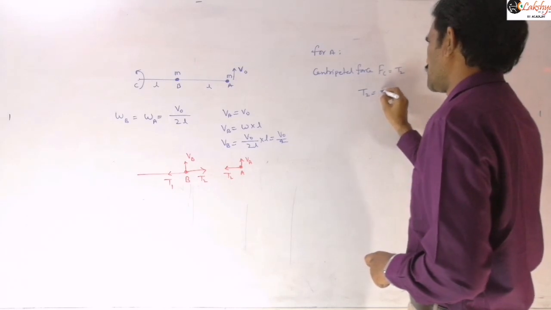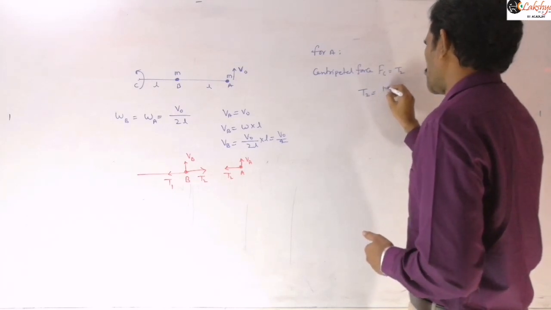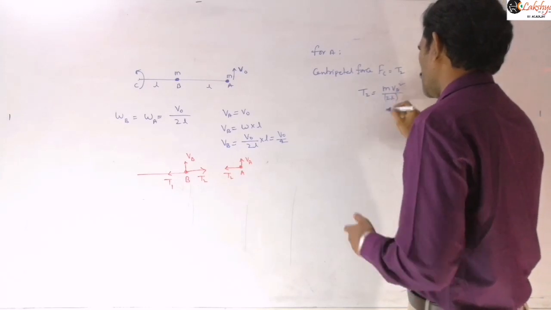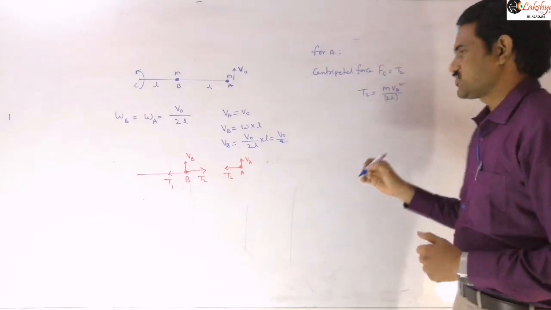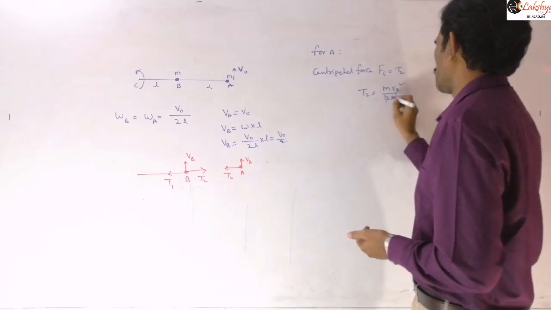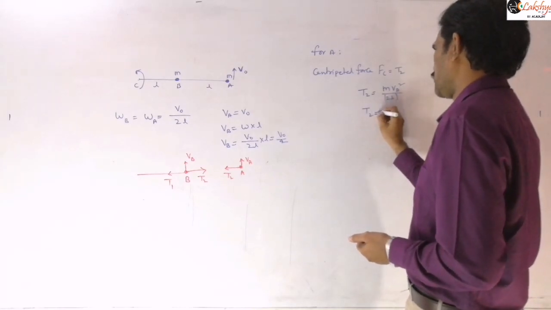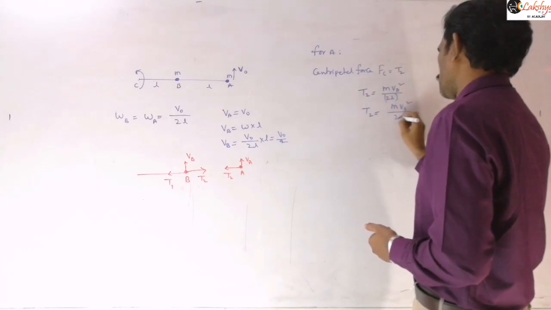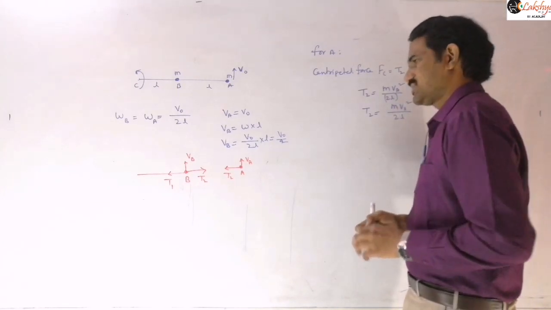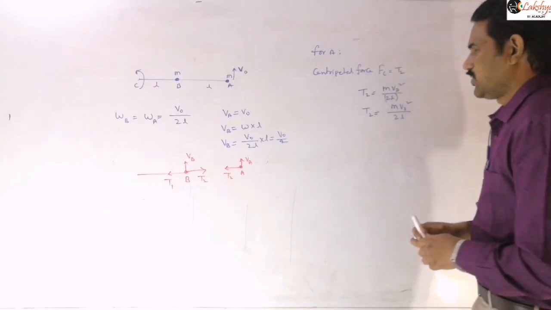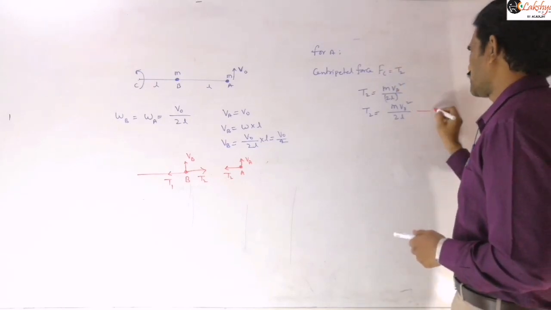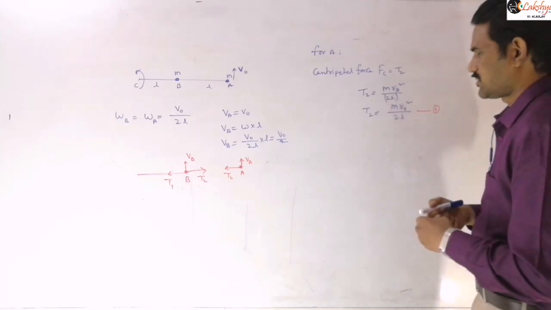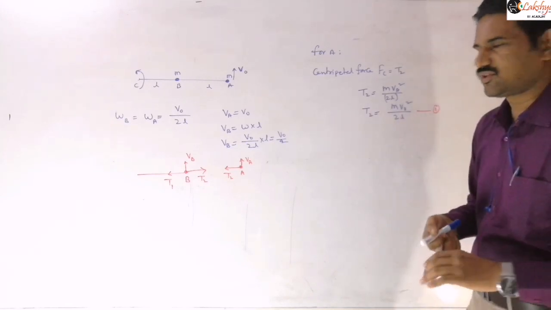Therefore this T2 is equal to, centripetal force means m V square by R. So that R value is 2L here. That V is nothing but V naught, that is given there. So m V naught square by 2L you can write. So let's suppose this is our equation 1, right? Or instead of writing m v square by r, you can also write m r omega square. That is your choice, as I said. That omega will be the same for both of them.